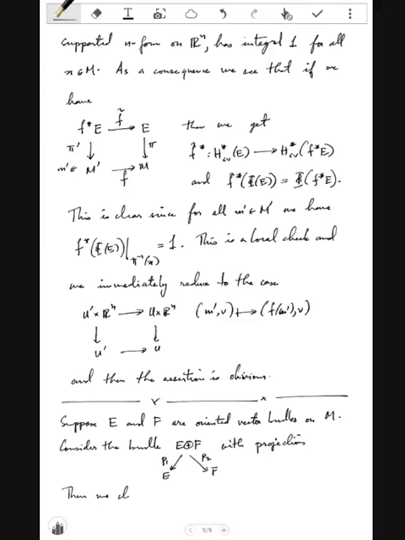Then we claim that the Thom class of E direct sum F, this belongs to R plus S, where R is the rank of E and S is the rank of F, this thing is equal to P1 upper star phi of E wedge P2 upper star phi of F.